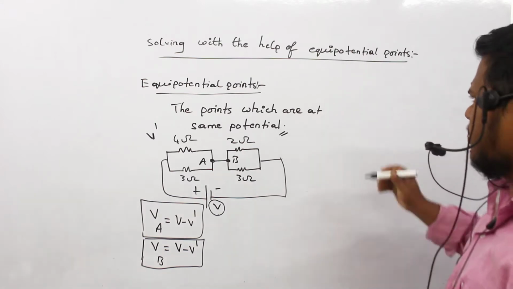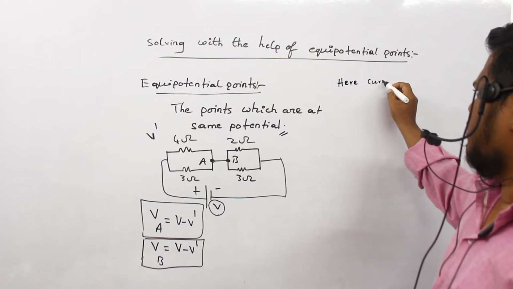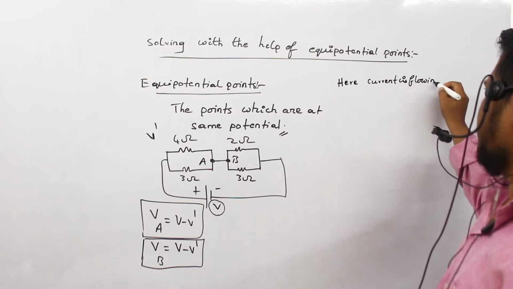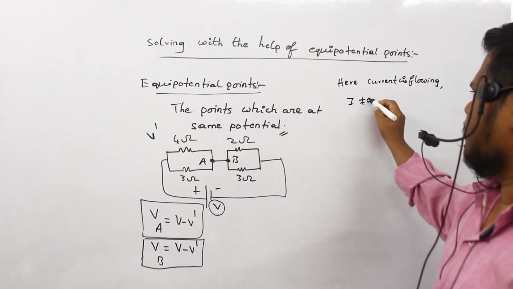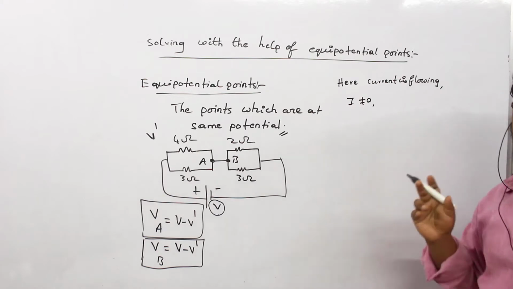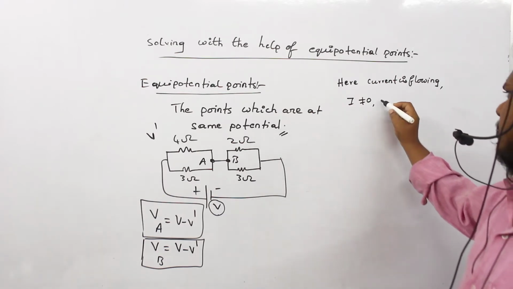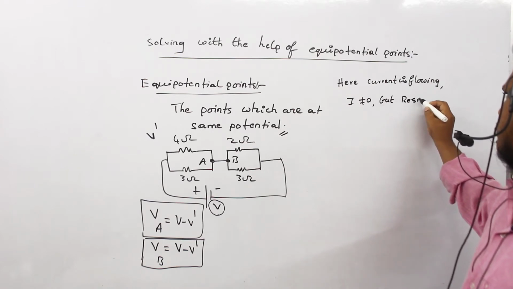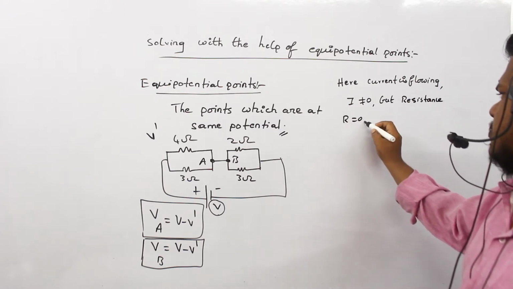So what is the point here we have to write? Here, current is flowing. What is meant by current is flowing? I is not equal to 0. It means current is definitely flowing between A and B. But resistance R is equal to 0.